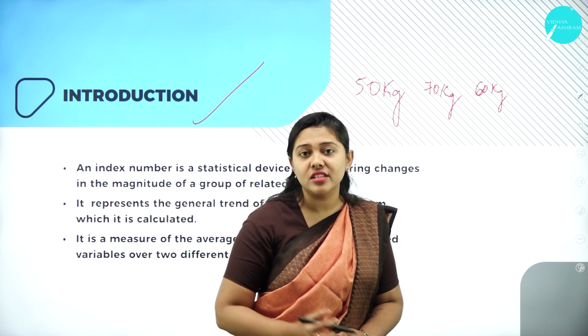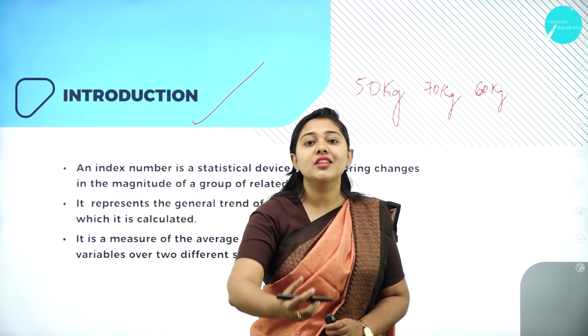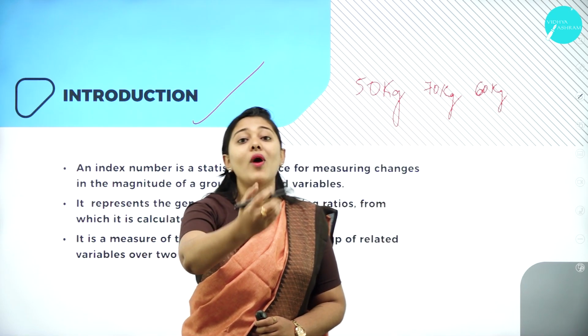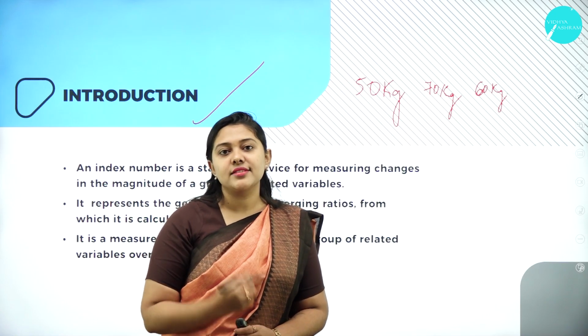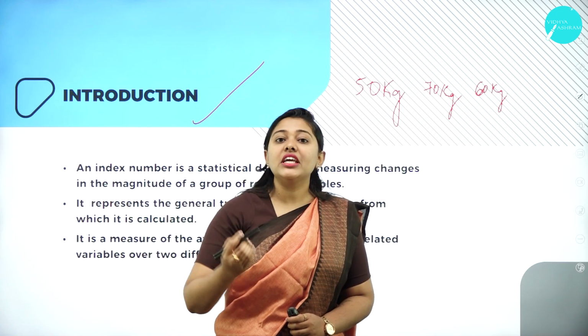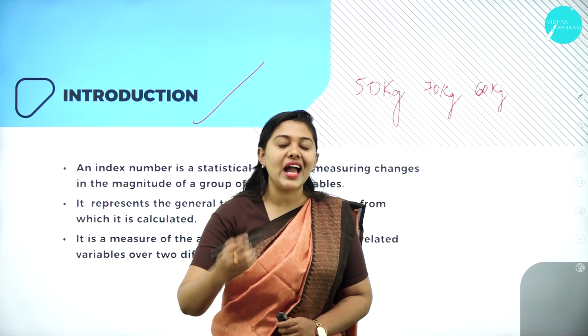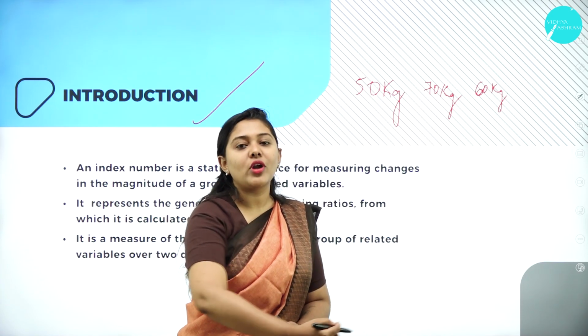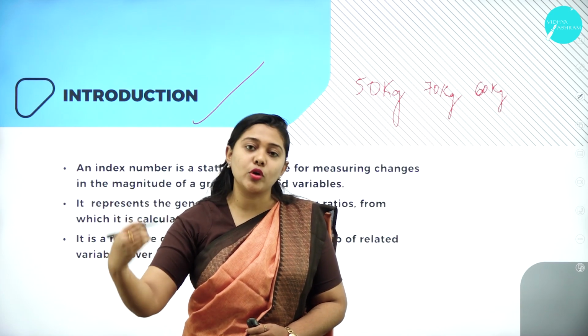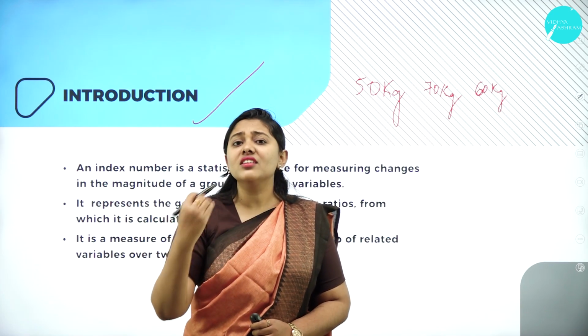So what is the percentage of change that has happened in the price of a commodity or a quantity or in the production? To take up another example, if you have an industry, in an industry you will have certain factories. In factories, one time the production will be high, or the other time the production will be lesser. So what are the changes?